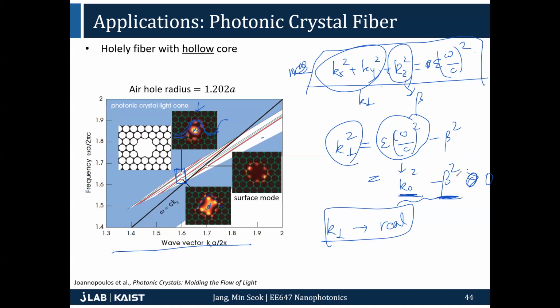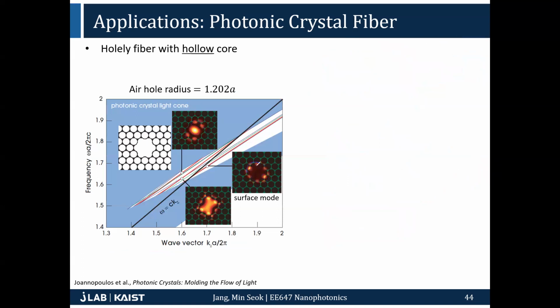On the other hand, if beta is larger than K0, this entire thing becomes negative, and then K perpendicular becomes imaginary, right? So what happens is that in the core region, your electromagnetic wave, in the cross-sectional view, must decay exponentially. It decays exponentially with respect to the surface, right?